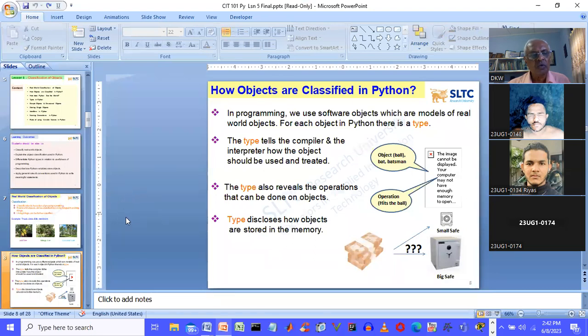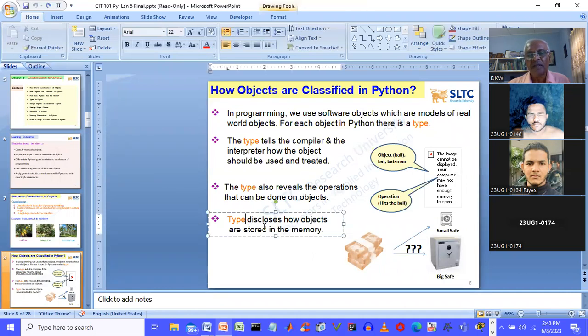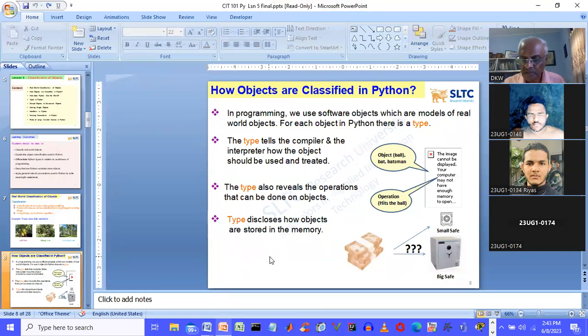Suppose we are going to isolate these two objects, cat and dog, by putting them into cages. For the cat, we make a small cage, for the dog, we make a very big cage, right? So the type will disclose the space that you need. Small objects will need small space, big objects will need big space in the computer as well.